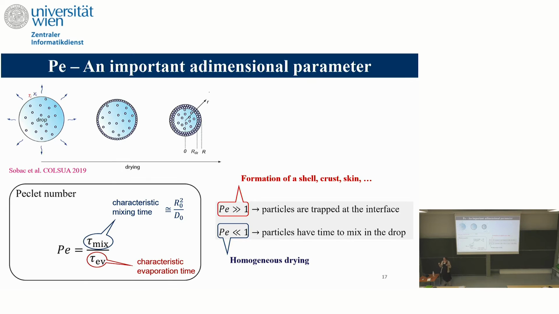Basically, people take the characteristic evaporation time that a water drop would have in the same conditions, as we have seen just before, and compare it to a mixing time, which is the time needed for the colloids to mix just by Brownian diffusion, okay? This evaporation time depends on the experimental conditions, the relative humidity, the temperature.